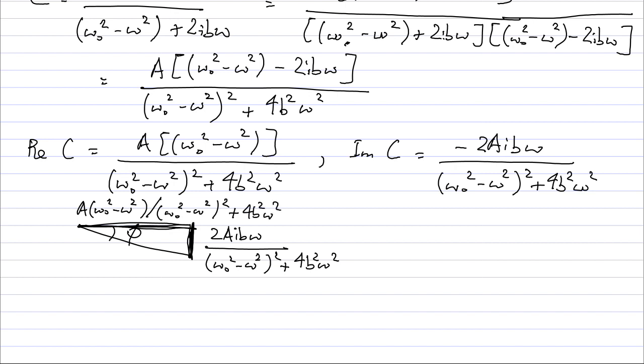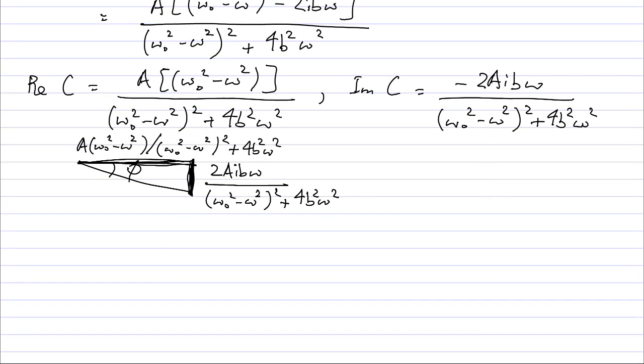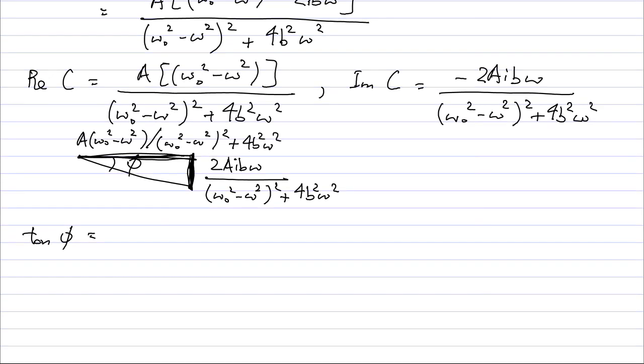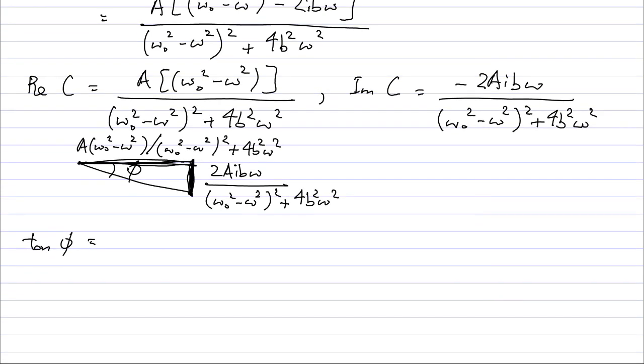So the ratio of these two, which of course is really the tangent of φ, so I can write down the tangent of φ will be given by essentially the ratio of these two. So you'll get 2... so sorry, I should not be writing i over here.